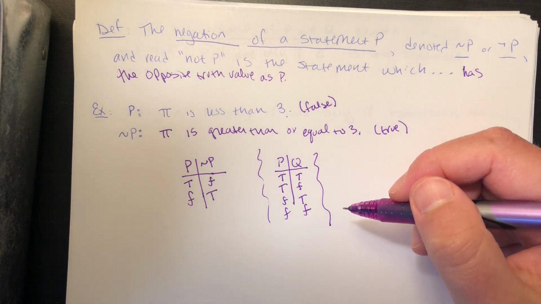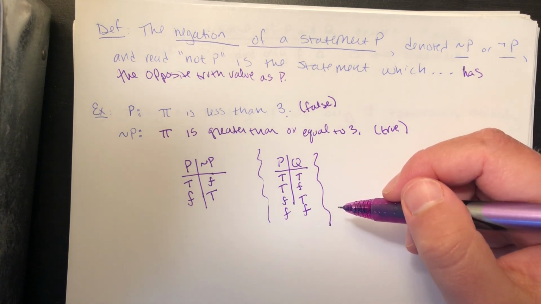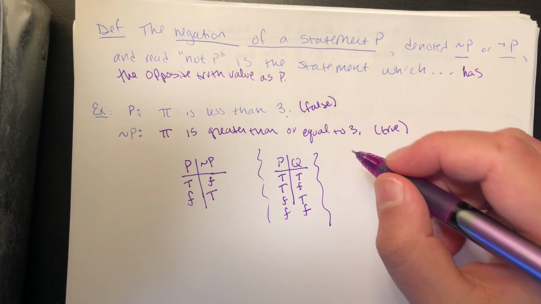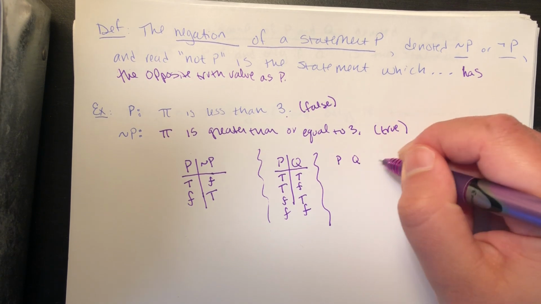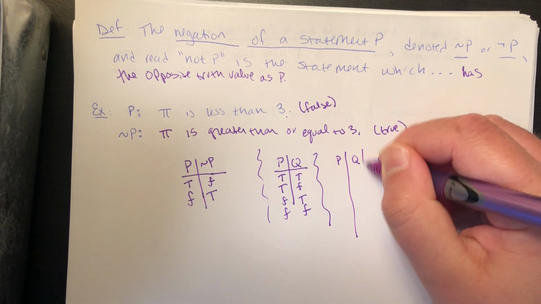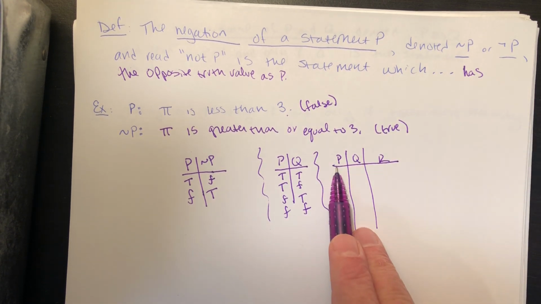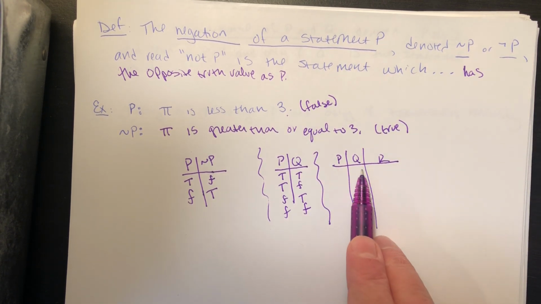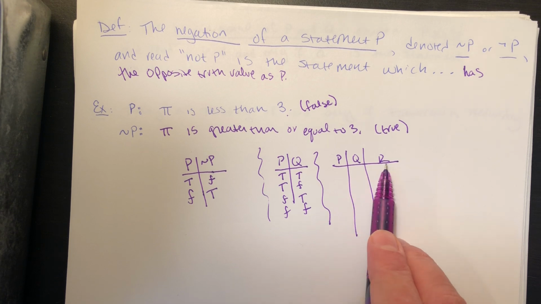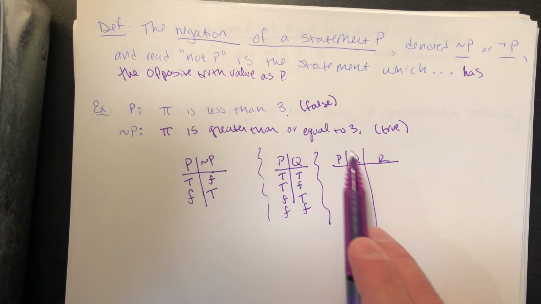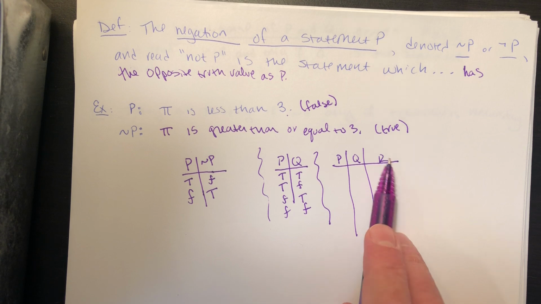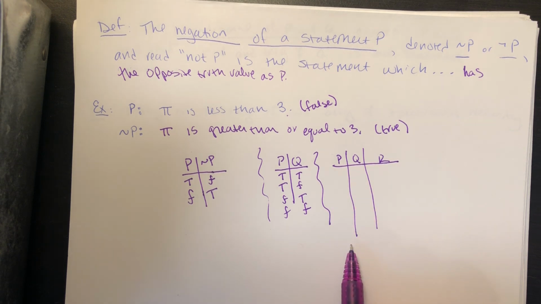What if you were trying to build up to some conjunction like P and Q and R, for instance? Well, using the multiplication principle, there's 2 possible truth values for P, 2 possible truth values for Q, and 2 possible truth values for R. So there's 2 times 2 times 2, or 8 different combinations of truth values.